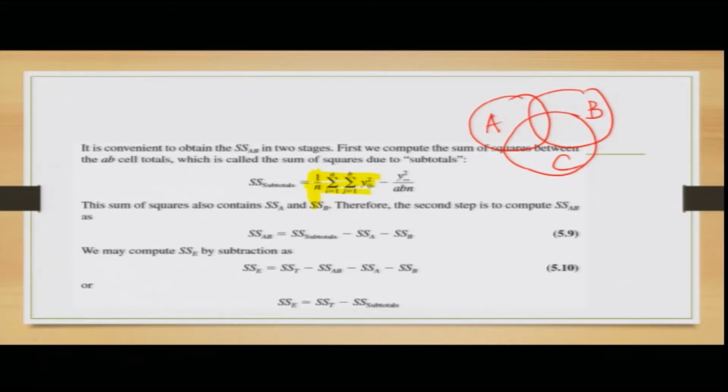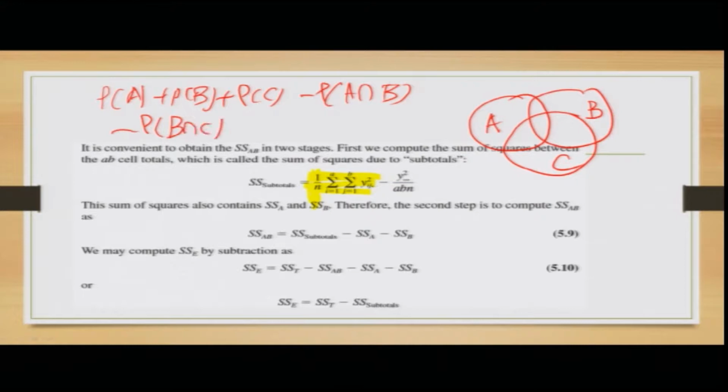So, when I want to find out the total probability, I find the probability of A plus probability of B plus probability of C minus the intersection of A and B minus the intersection of B and C minus the intersection of A and C. Then as you have subtracted, obviously you will add back A intersection B intersection C. So, if you consider this in the problem, there you will find out.